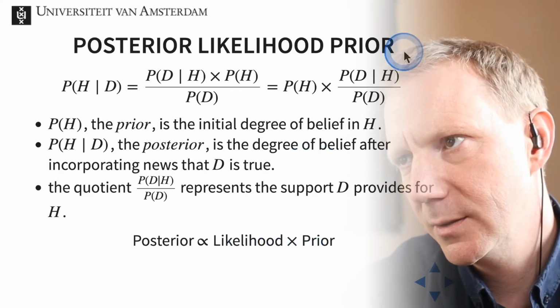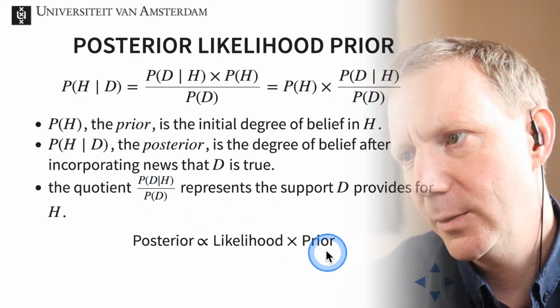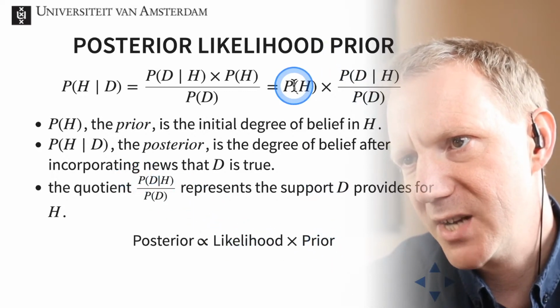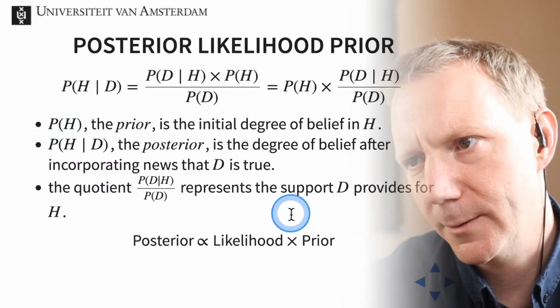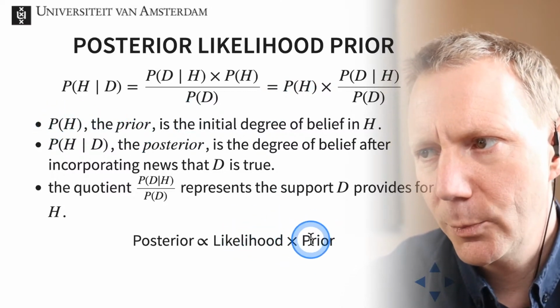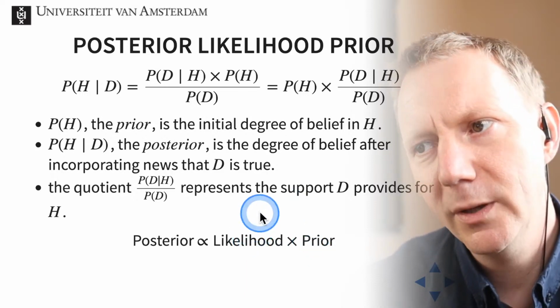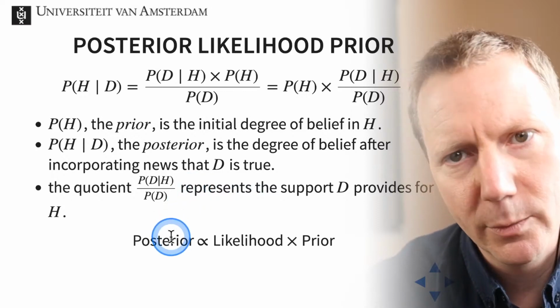So this is the ratio, and the prior belief is this hypothesis represented by this one. So multiplying your prior belief by your data will get you your posterior belief.